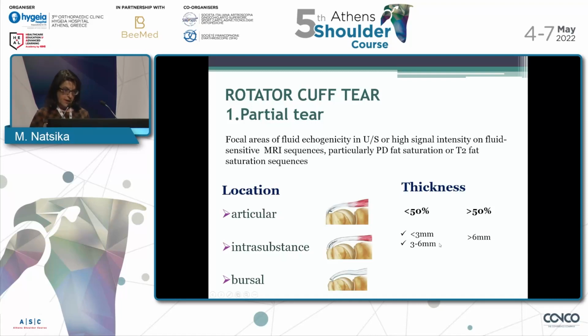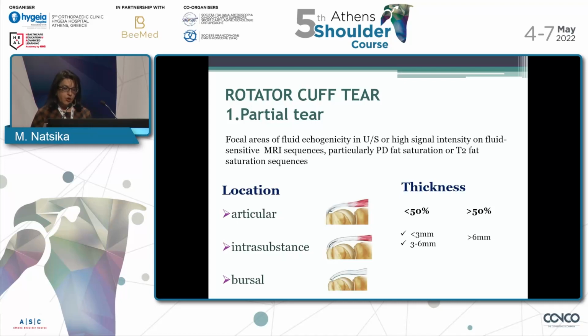Okay. And then we have to report the thickness of the lesion, and we divide them mostly in two categories. One is when the thickness is less than 50%, and the second is if the lesion is above 50%.